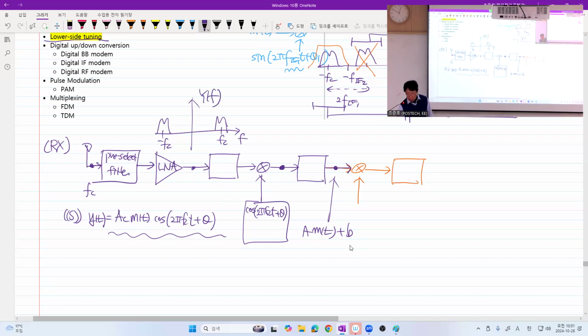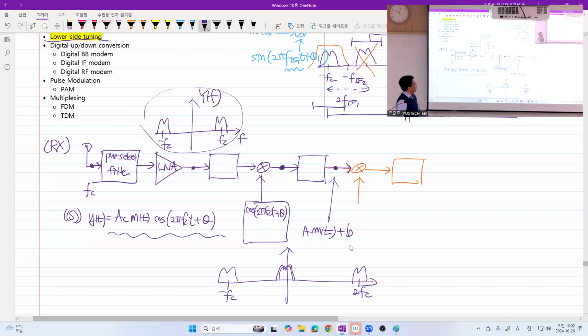Now here, what happens? We right shift this entire spectrum by FC. So here becomes 2FC, and we left shift by FC. So we not only have baseband components but also double frequency components.